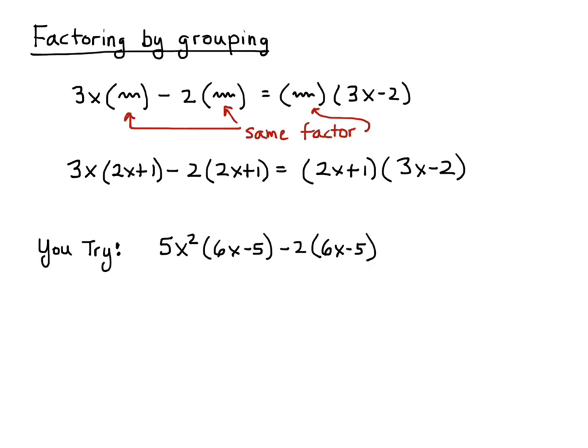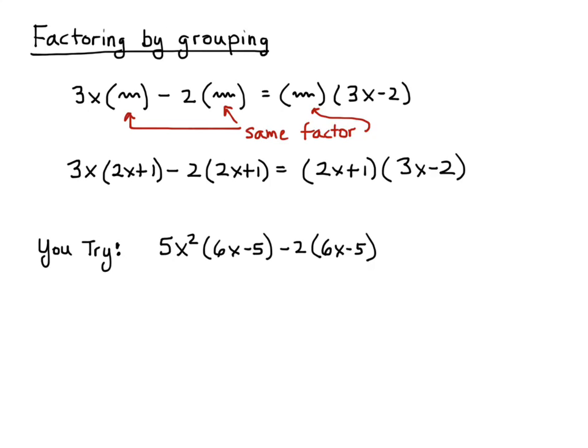Yes? For the first example, how come the 2x plus 1 isn't squared? It's not squared because it's the same factor. It would be exactly like doing this, where when we have 3a minus 2a, we can factor out the a and get 3 minus 2. We don't square it.